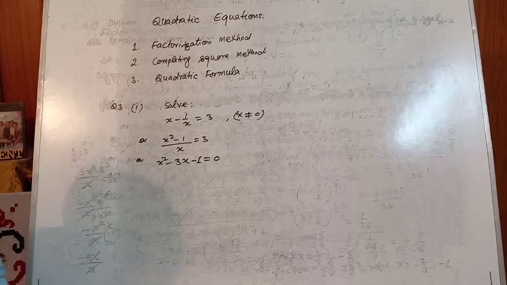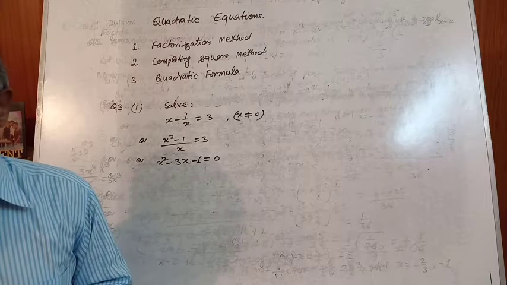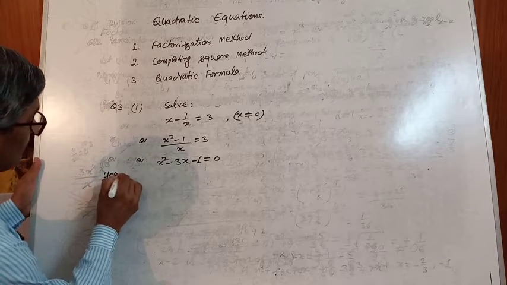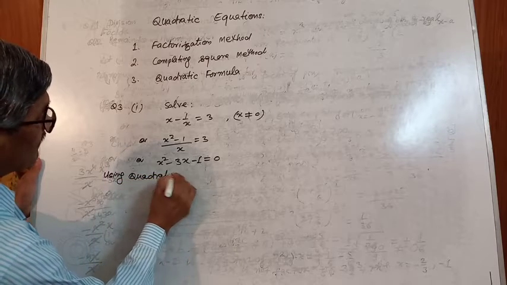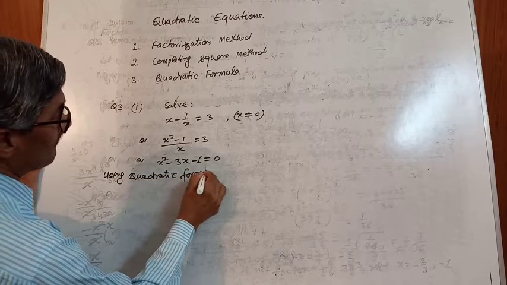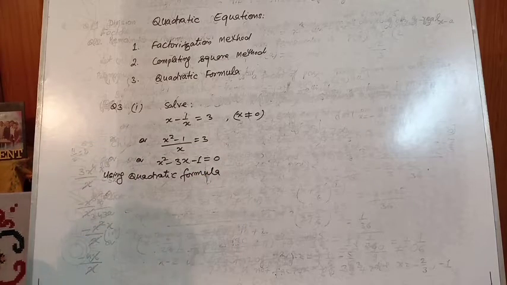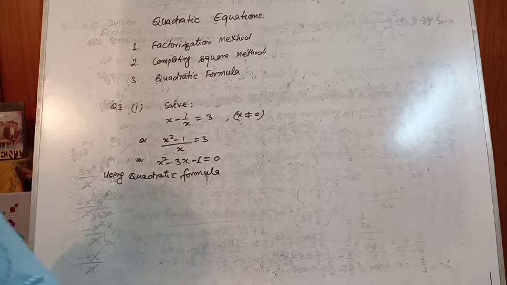Now this is a quadratic equation, and we are going to use the quadratic formula. For the quadratic formula we have to find the values of a, b and c.